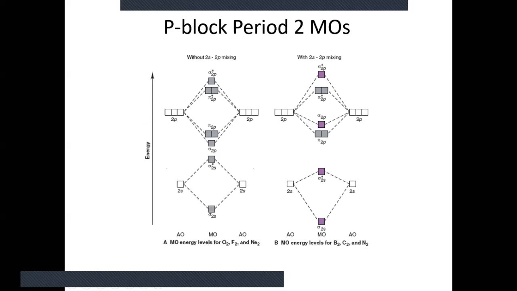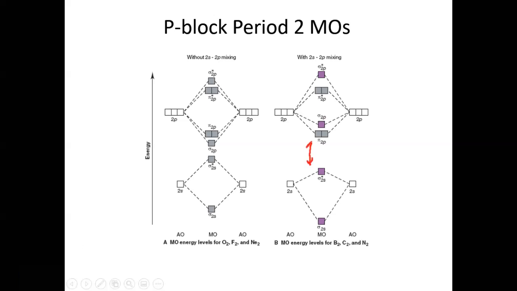And so if we look at the molecular orbitals without s and p mixing, you see the sigma 2p, then the pi 2p molecular orbitals, then pi star, and then sigma star. But with s and p mixing, you see that now there's a greater energy gap between the sigma star 2s and the 2p orbitals, and that the sigma 2p and pi 2p orbitals have switched positions.